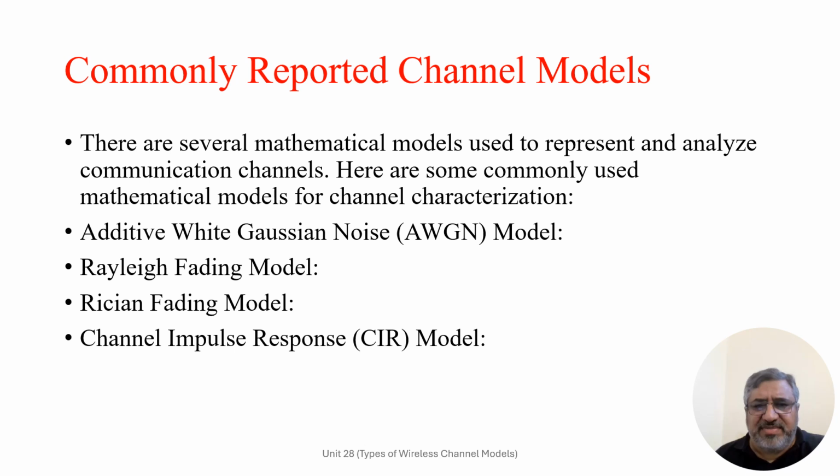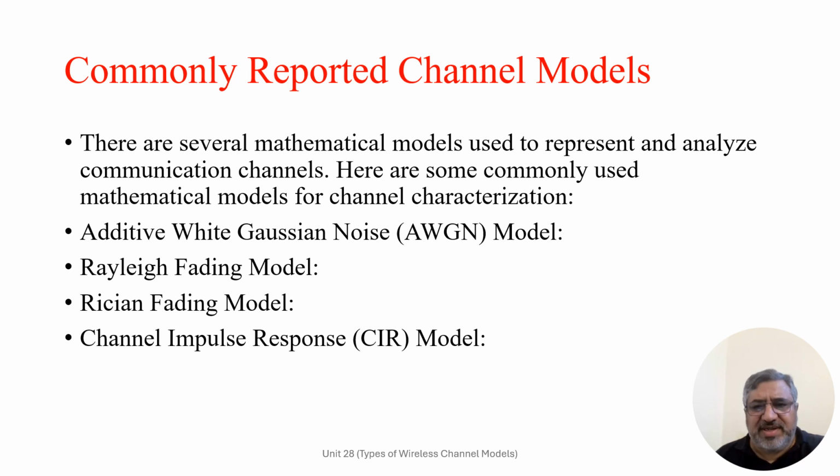It assumes that the magnitude of the received signal follows a Rayleigh distribution, while the phase is uniformly distributed. It's a very reasonable assumption for most wireless communication systems. This model is commonly used when there is no dominant line of sight component in the channel and is highly suitable for analyzing the performance of wireless communication systems in fading environments.